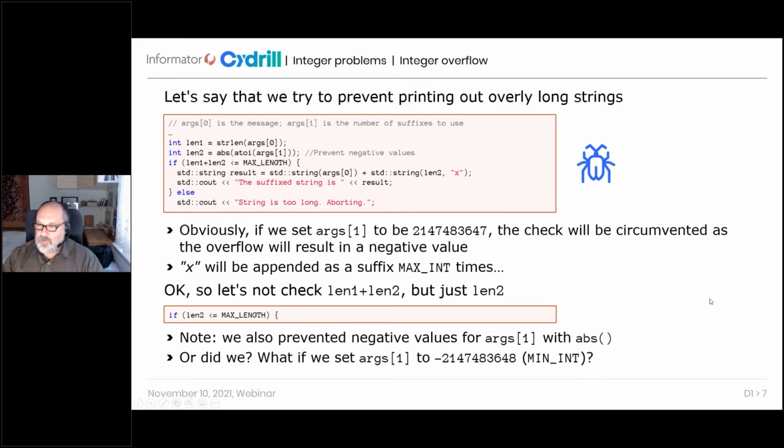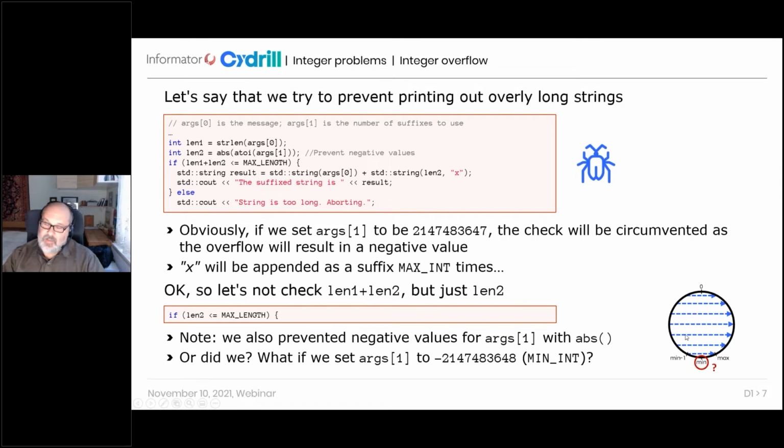If you see this animation here, this is more or less what the absolute value function does. It turns the values from the left side of the ring to the right side of the ring. But this min down here stands alone. It does not have a pair on the positive side.